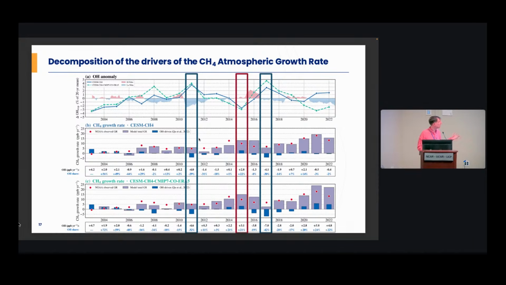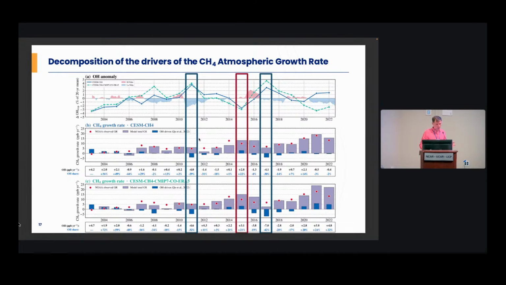You can see that in 2020, they agree that it's not that important. It is only 20% or 13% of the methane growth rate that is due to OH. So that 14% agrees well with Chu et al. And 2003 was a negative OH anomaly.